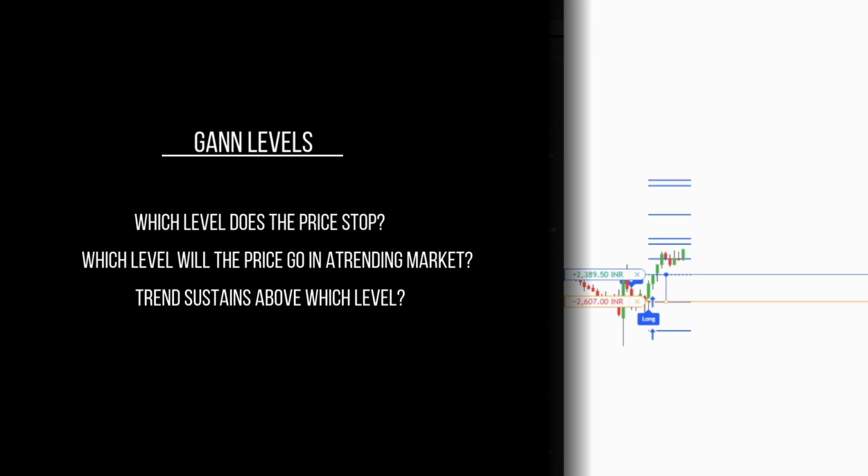All right. Now, what are these levels? These are some GAN levels which I'm using for my own research, basically to understand at which level price stops, in a trending case till where the market can reach, what is the minimum requirement for this trend to sustain, to which level I must put my SL, how I can trail my SL. All this is my research.